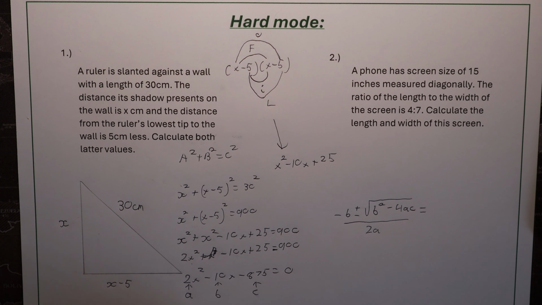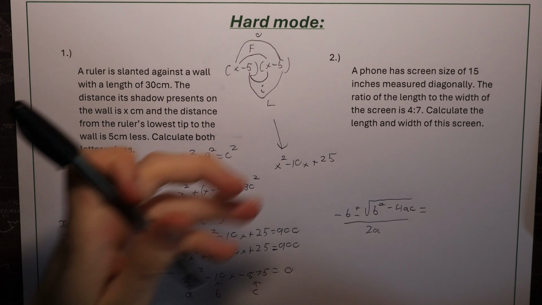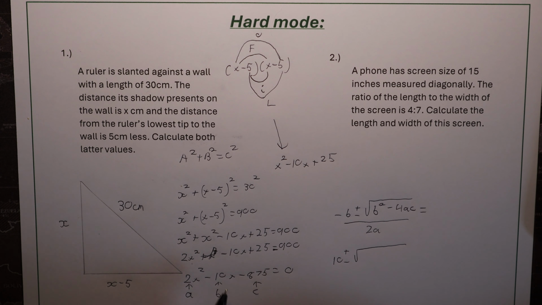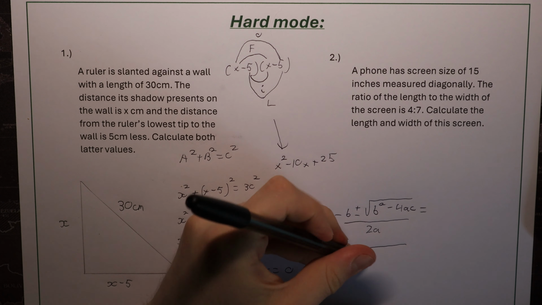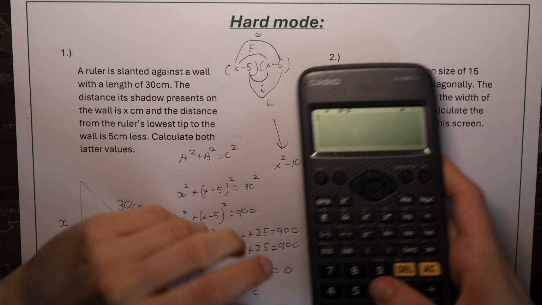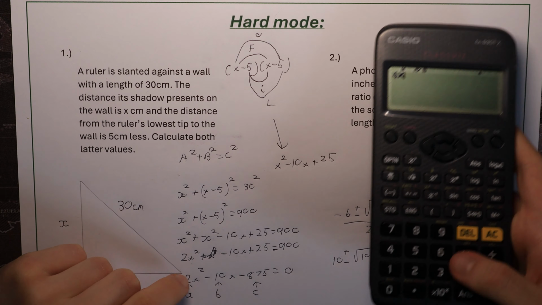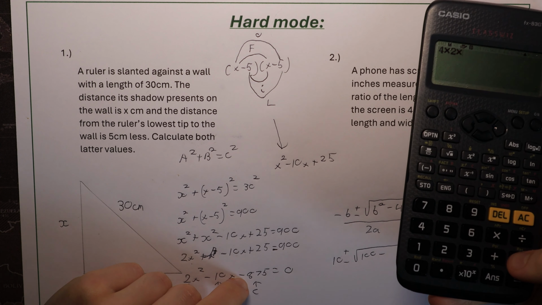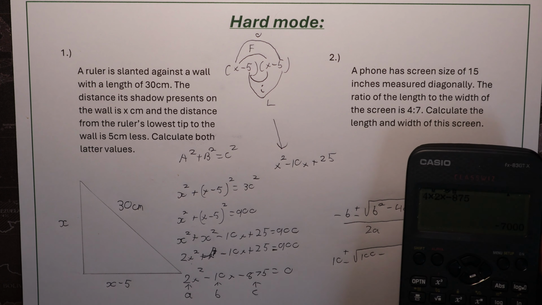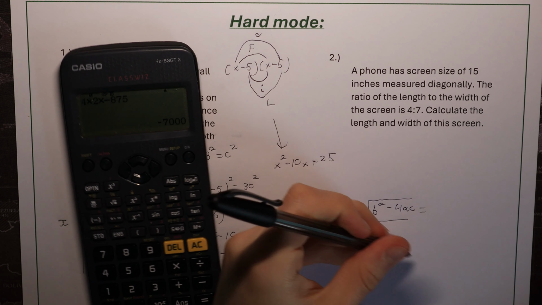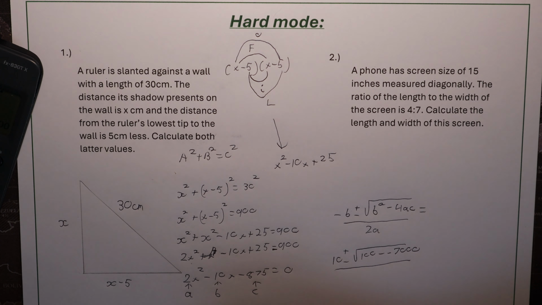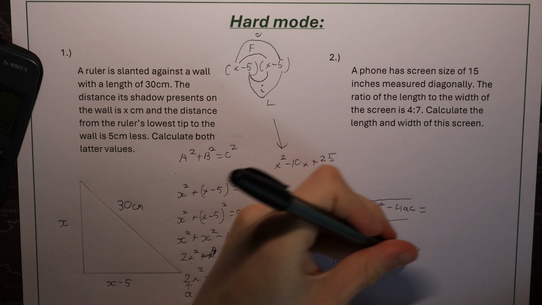So this now equals minus b, which is positive 10, plus or minus the square root of b squared, which is 100, because minus 10 times minus 10 is 100, minus 4 times a times c. Now we times 4 by 2, and then by our massive c here, so we times minus 875, and we get minus 7,000, so we put minus again 7,000, over 2a, where a is 2, so 2 times 2 is 4.